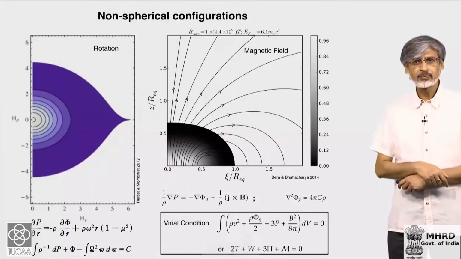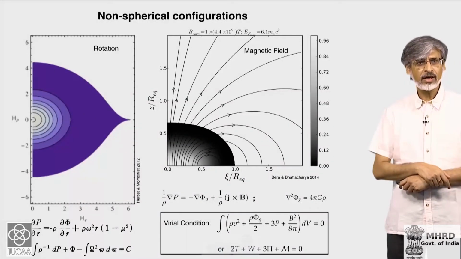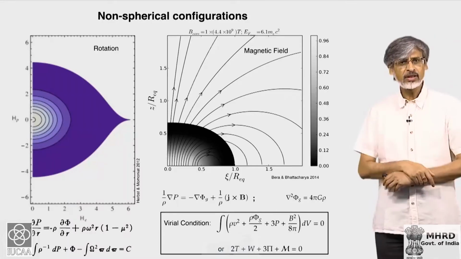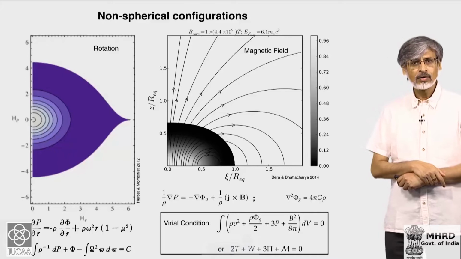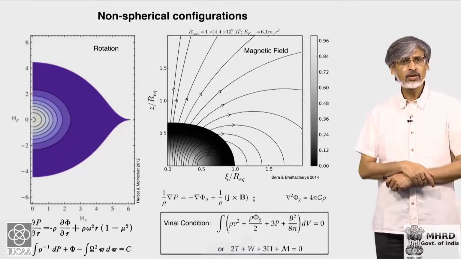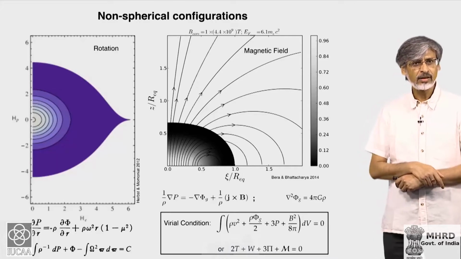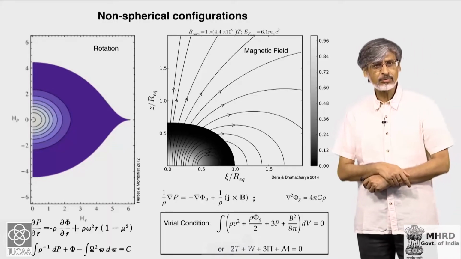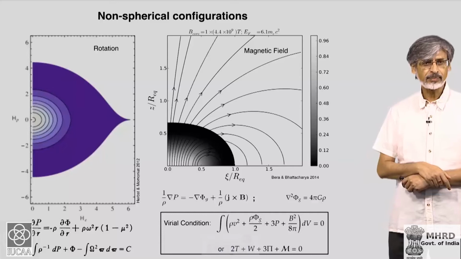Coming now to rotation and magnetic field, in both cases one would end up with a configuration which is no longer spherically symmetric. They could be axisymmetric, but they will not be spherically symmetric.